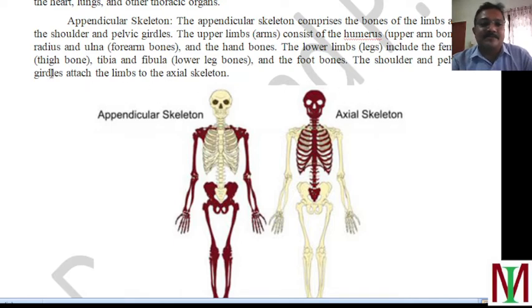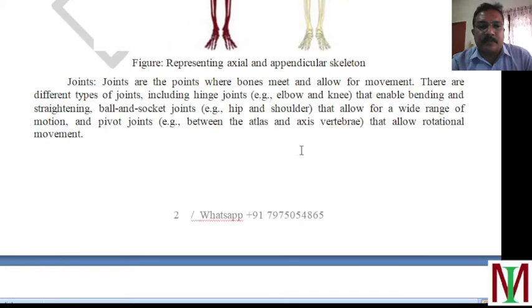The lower limbs have the femur, which is the thigh bone, the fibula, which is the lower leg bones, and foot bones. All of these come under the appendicular skeleton.